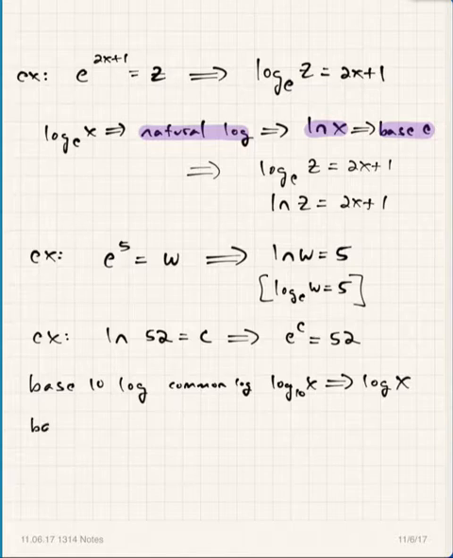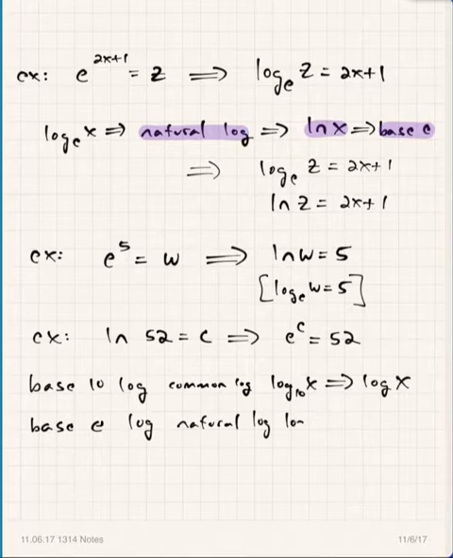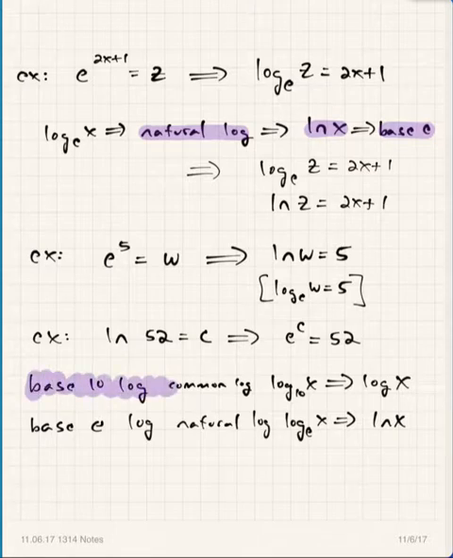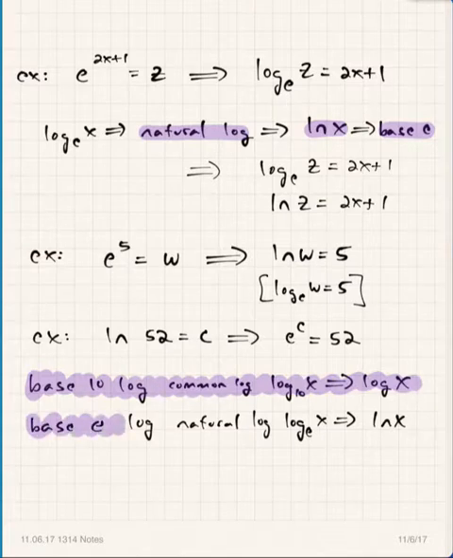And a base e logarithm is called the natural log. And instead of writing log base e of x, we write ln x in its place. They mean the same thing. I should highlight those two statements, since they write all that out again in a concise form. So not a bad thing to keep in mind.